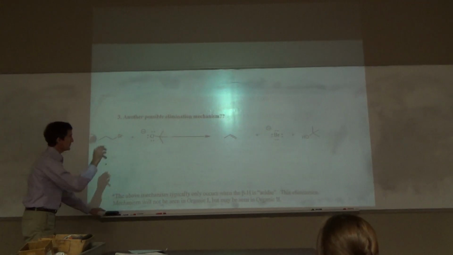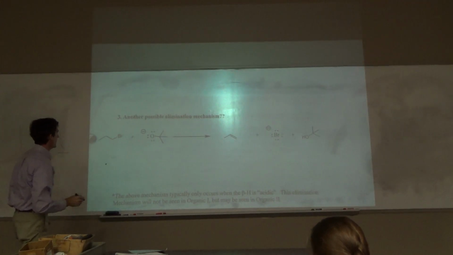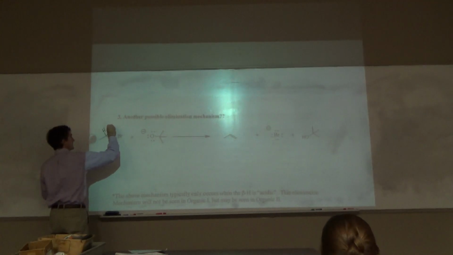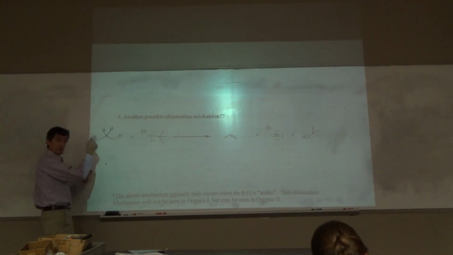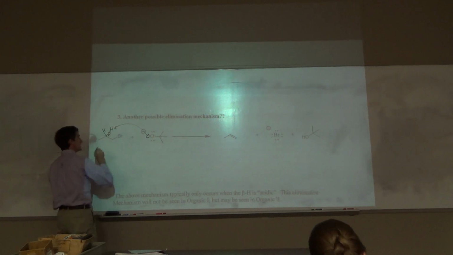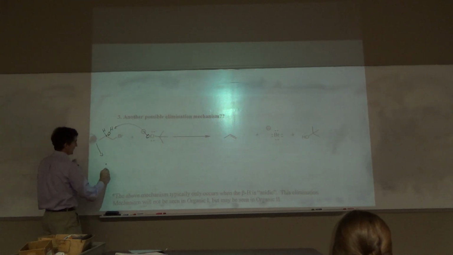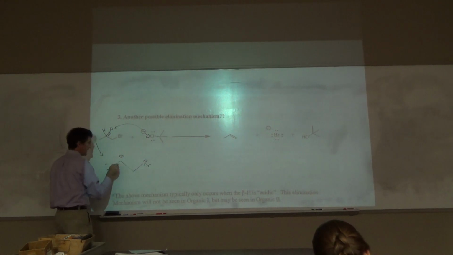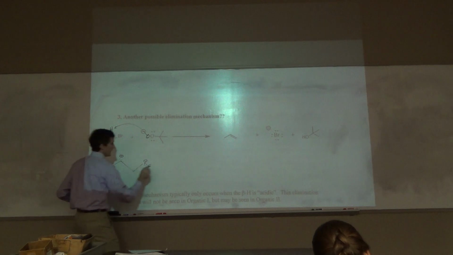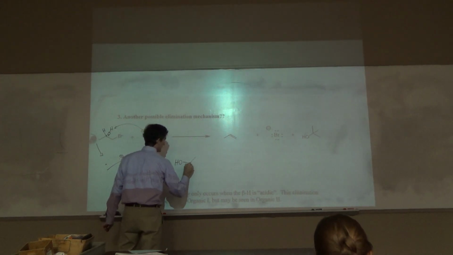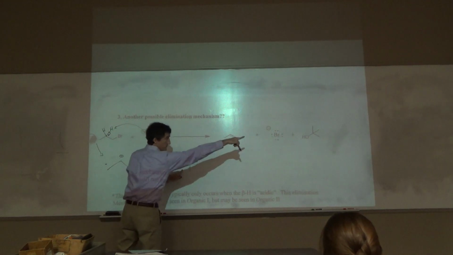What's another way to get these products? We could do this, and it's going to be different from the previous. What if the base just takes the H and we just do a classical acid-base reaction? Boom, boom. And we make a carbanion here plus that, which is what we need to form there.